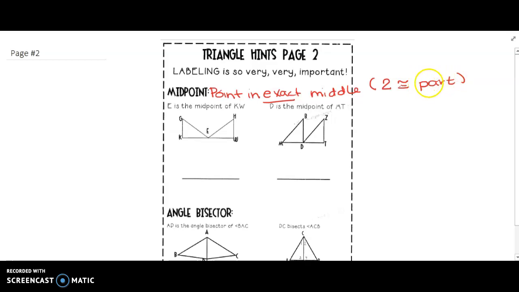Anytime something tells you that there's a midpoint, you should be thinking two congruent segments. On this first one, it says E is the midpoint of KW. That means E is in the exact middle of K and W, and so therefore, I know that KE is congruent to WE.